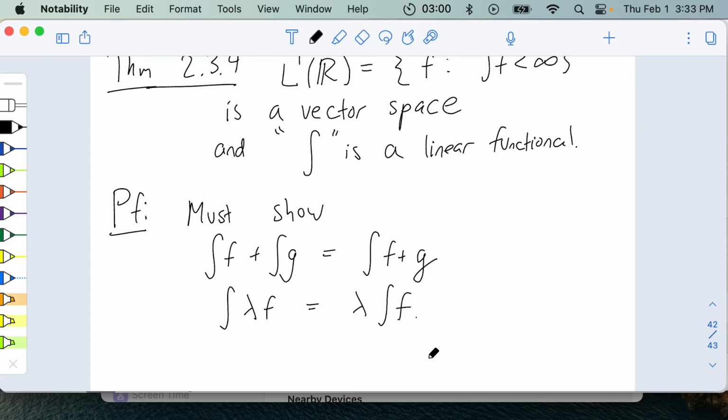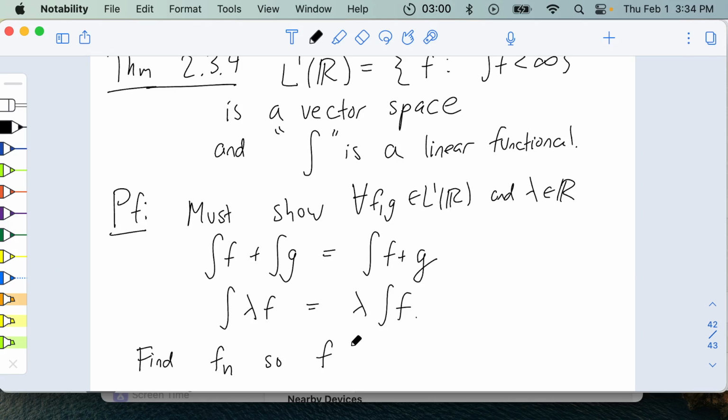So for all f, g in L1 and lambda in R, if f and g are in L1, that means their integral is less than infinity. And if f, g are in L1, there must be fn's and gn's, so that f is like the sum of the fn's, and g is like the sum of the gn's.